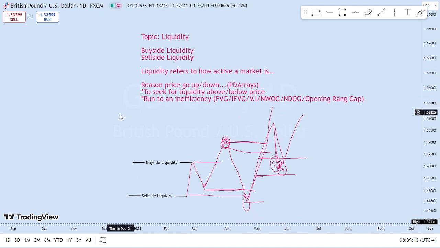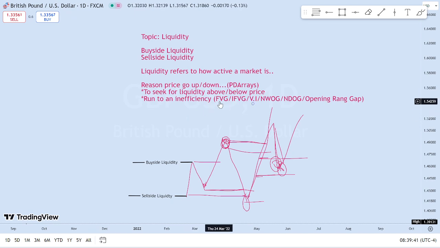While trading the market, price seeks liquidity above or below. The reason price goes up or down is to seek buy side or sell side liquidity above or below price, or to run to an inefficiency in the marketplace.